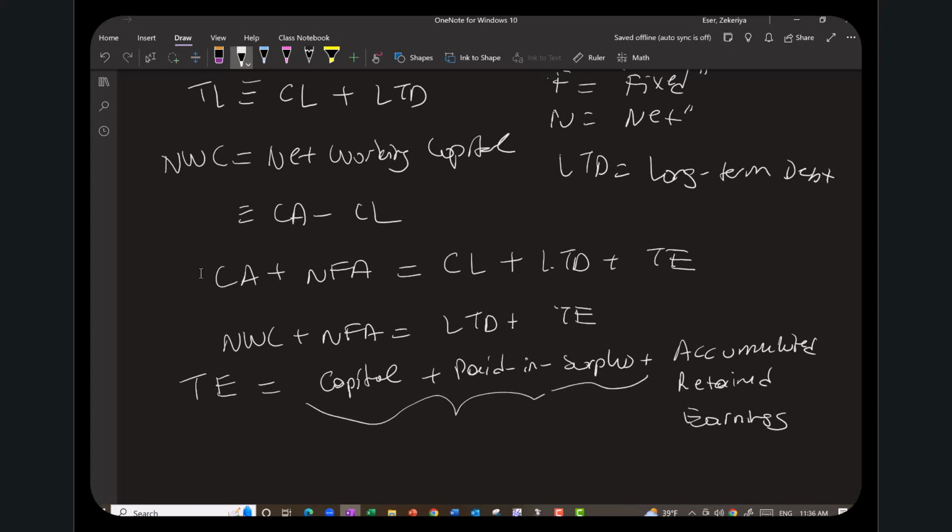These two, capital and paid in surplus, are basically the capital investment of the firm.